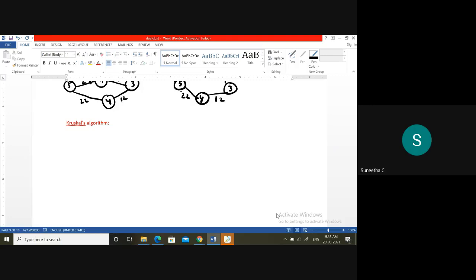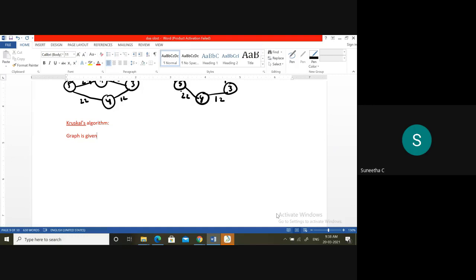The procedure that we follow in Kruskal's algorithm is this. A graph with weights is given. We have to construct the minimum cost spanning tree for the given graph using Kruskal's algorithm.